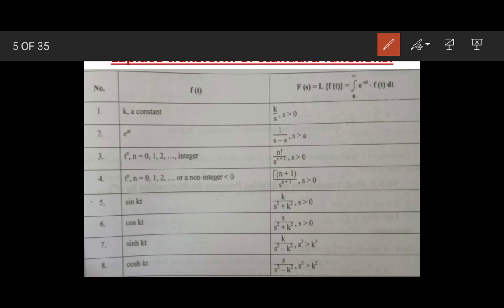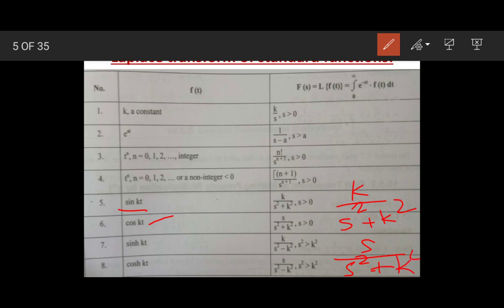Then next is sin at, or sin kt. Laplace of sin kt is k upon s square plus k square. Laplace of cos kt is s upon s square plus k square.